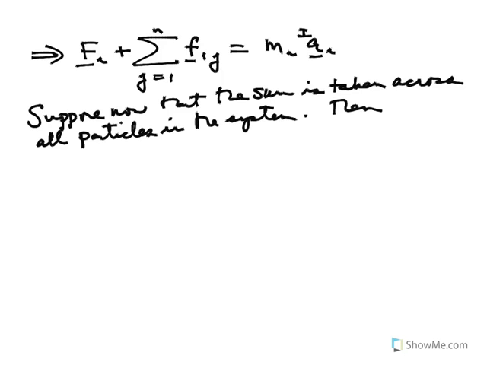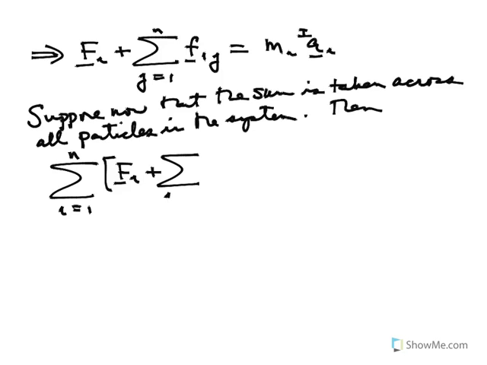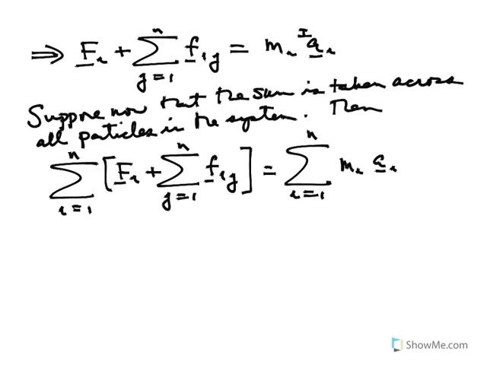Then the sum from i equals 1 to n of Fi plus the sum from j equals 1 to n of Fij has to equal the sum from i equals 1 to n of mi times the acceleration of each particle in the inertial frame.